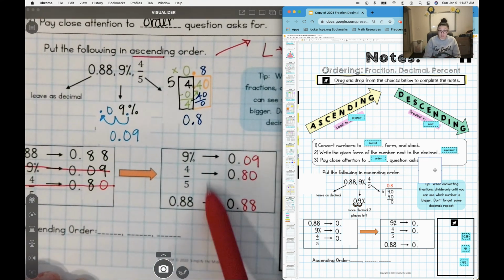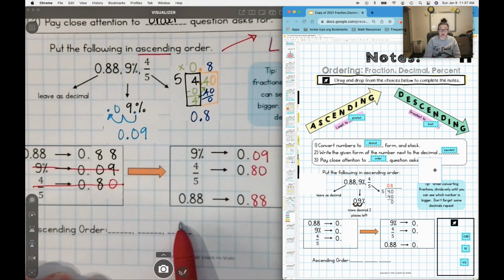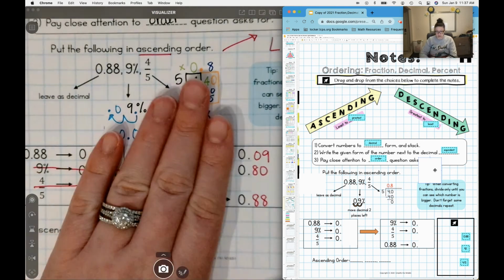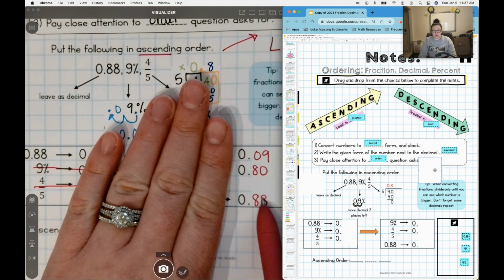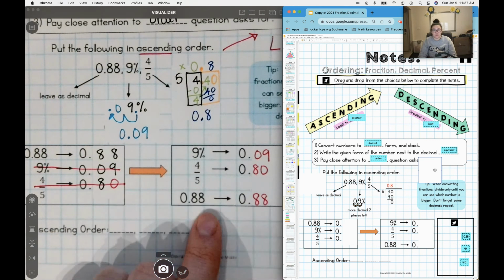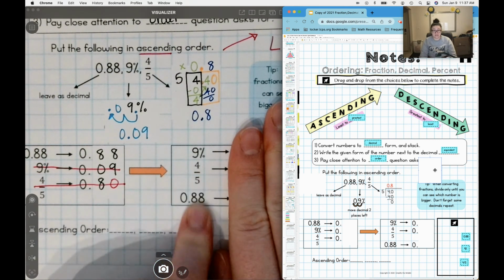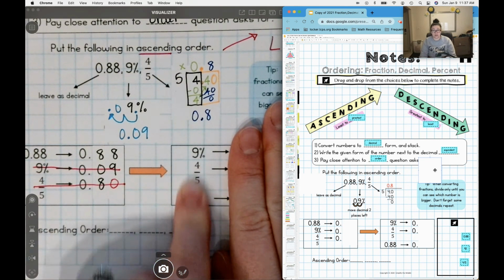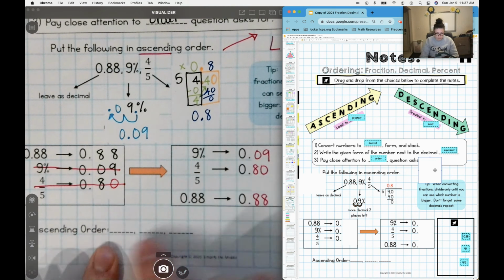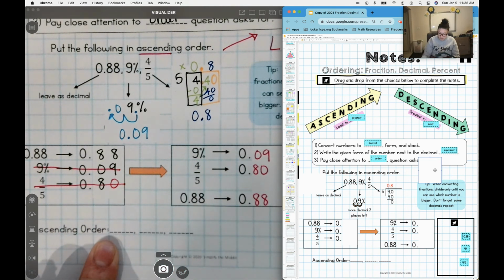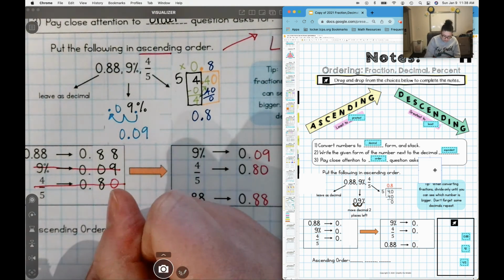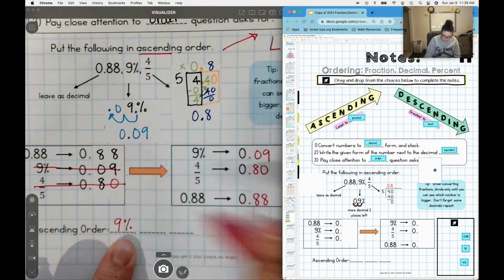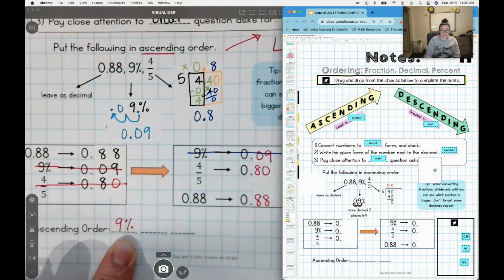So now that we've put them in order, we want to write out our final answer. Again, for our final answer, we don't want to give these decimals. We want to give the form that they gave us, the numbers that we started with. So when I'm putting these in order, I would start off by writing that 9% was my smallest. I'm not writing the decimal. I'm writing the original form of the number.